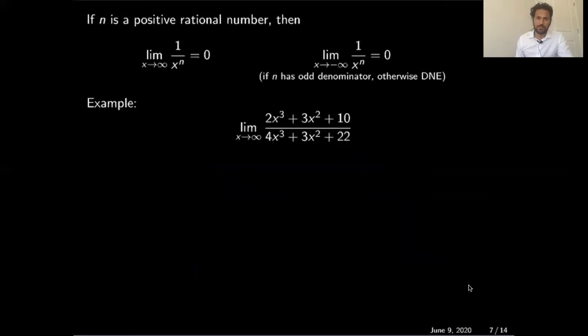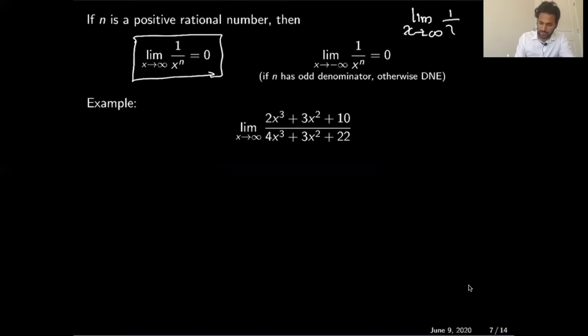So here I have one conclusion: no matter what you have, when you have 1 over x to the power of something, it is always 0, provided that when you are approaching a negative number, you have to be careful with this power. Like if I approach x to negative infinity, 1 over x to the power 1/2 is not defined.